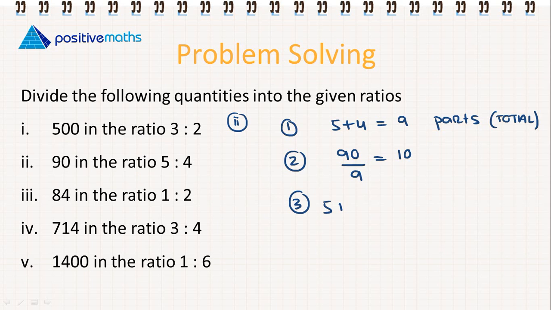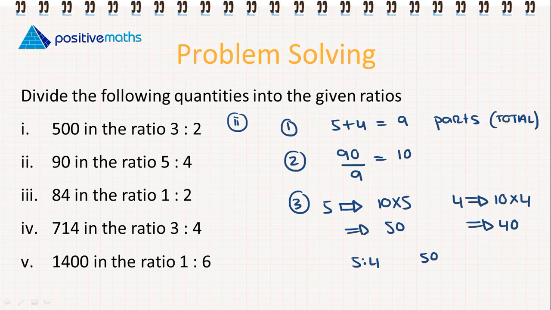And step 3, we're going to find 5 parts and 4 parts. So we have now divided €90 in the ratio of 5:4, and we've got 50:40.